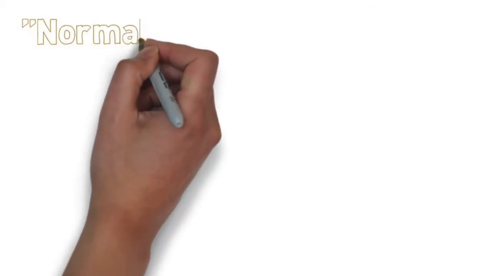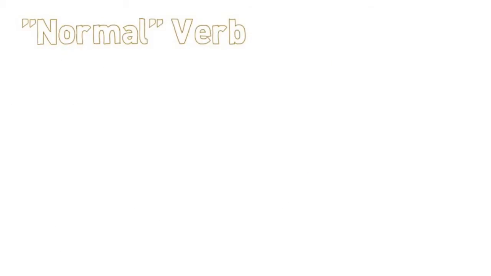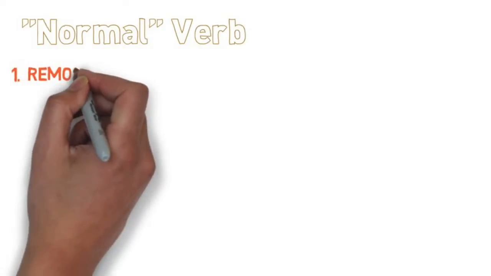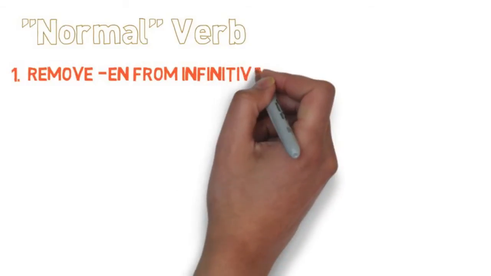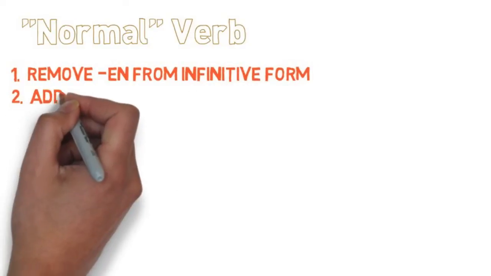First of all, let's refresh our memories by looking at a verb that is conjugated normally. To conjugate, as you'll recall, we need to first remove the en ending from the infinitive form, which leaves us with what's known as the verb's stem.